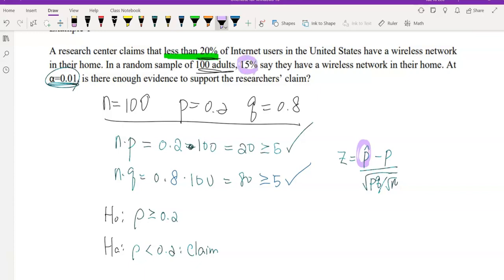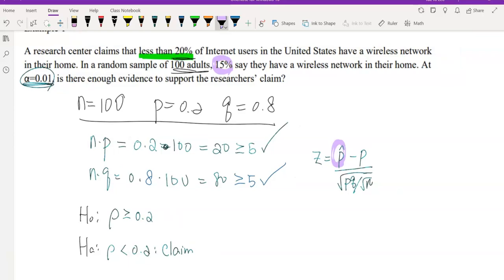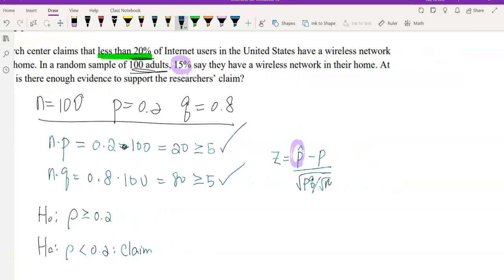Basically the sample proportion represents p cap. Therefore we can make it 0.15 minus 0.20 over the square root of 0.2 times q 0.8 divided by 100.